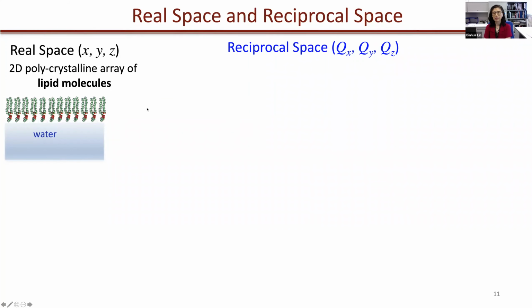The lipids here are modeled as finite length, skinny, non-tilted cylinders in a 2D polycrystalline array. So phi is now a finite length cylinder. The psi function is still the same as in the gold case, 2D polycrystalline.